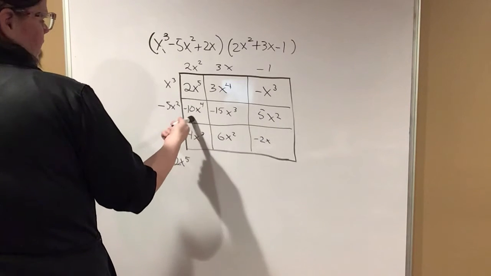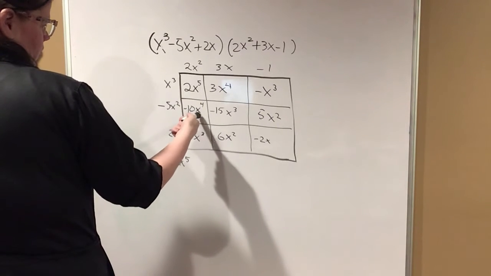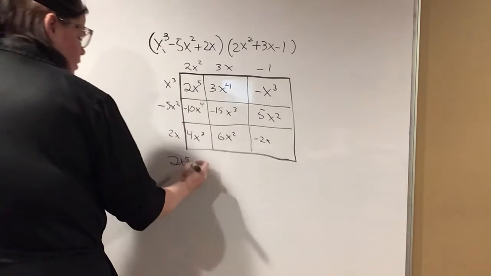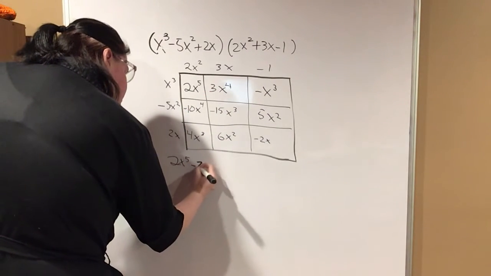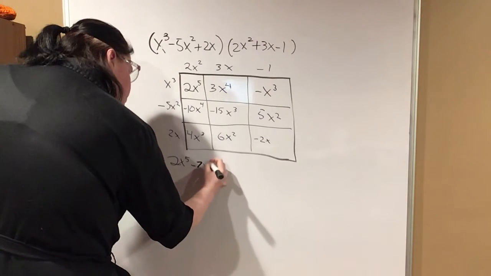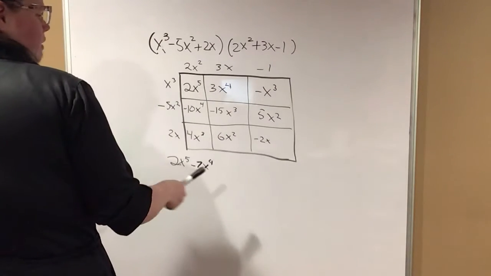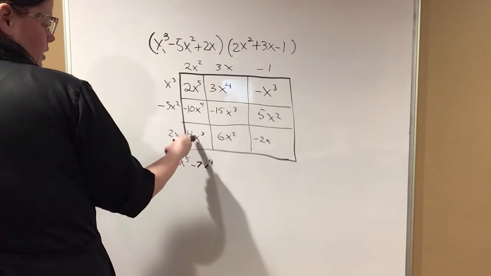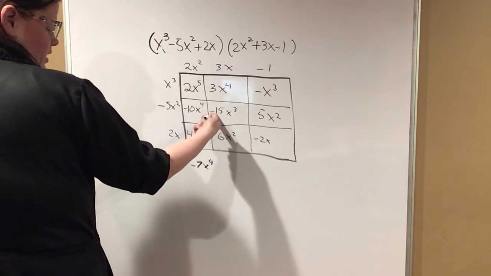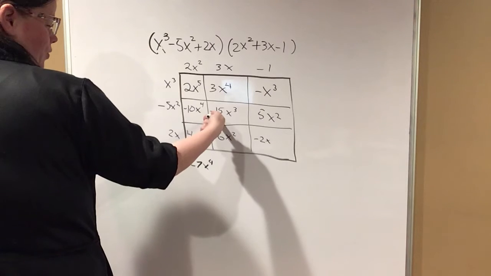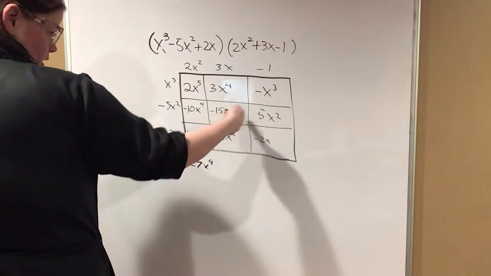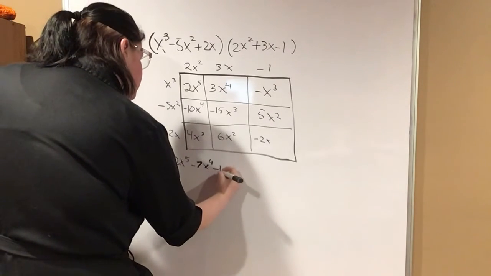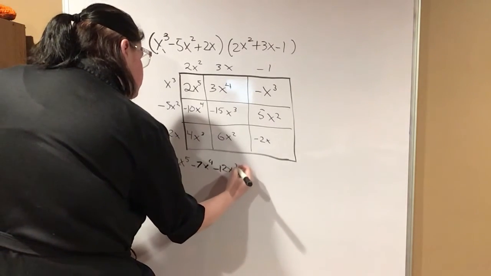Well, negative 10x to the 4th plus 3x to the 4th is negative 7x to the 4th. And then we do 4x to the 3rd minus 15x to the 3rd, which should get me to negative 11x to the 3rd. Then minus another x to the 3rd, that's negative 12x to the 3rd.